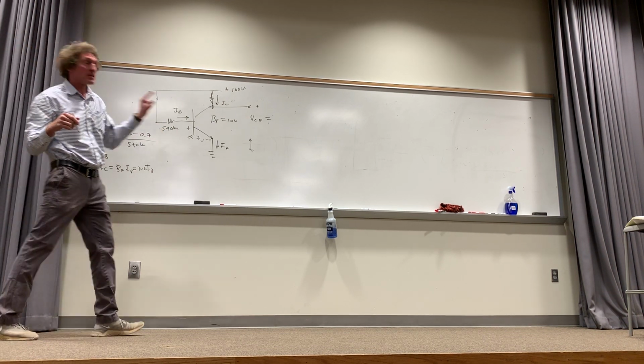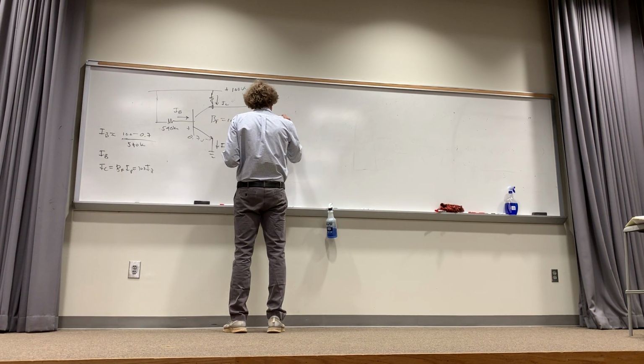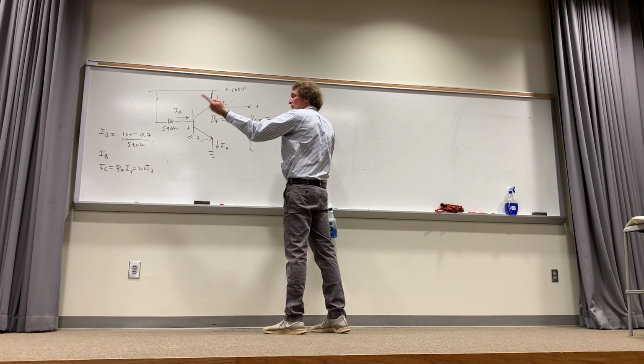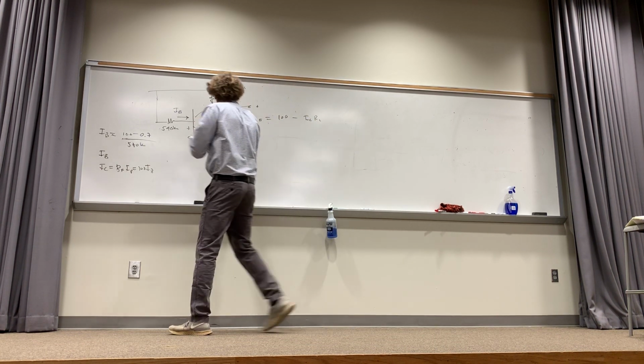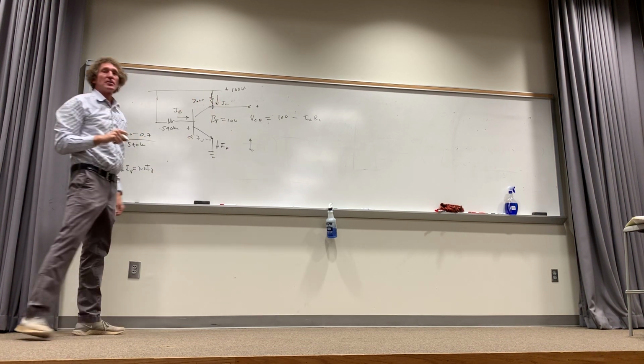What's the next thing? How do I get VCE? By subtracting IC times RC from the 100, that's how much I had. All with me? What do I subtract? IC times RC, whatever that is. Make RC 2,000 ohms. And you can go ahead from there.